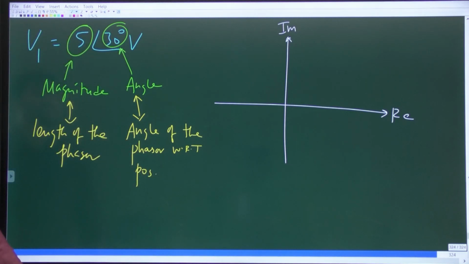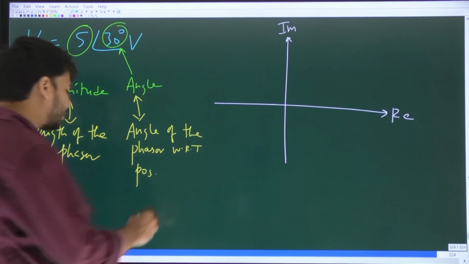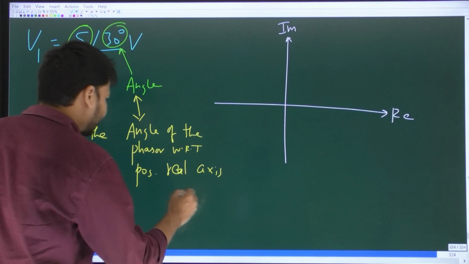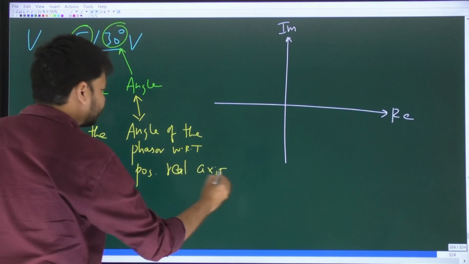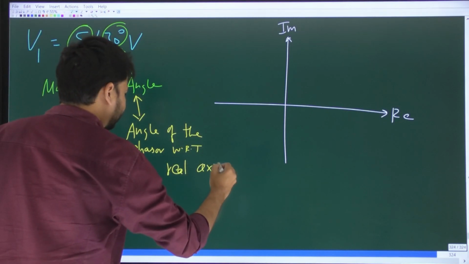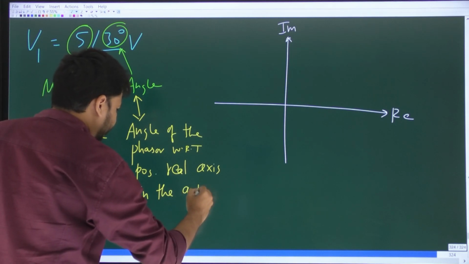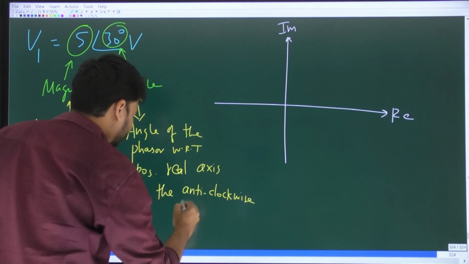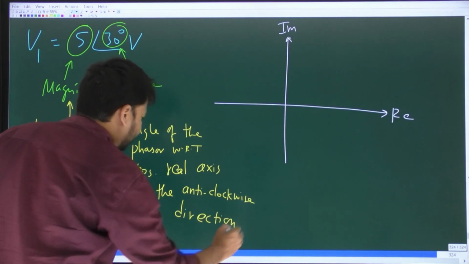Okay. This 30 degrees is what? Angle of the phasor with respect to positive real axis, in the anti-clockwise direction.